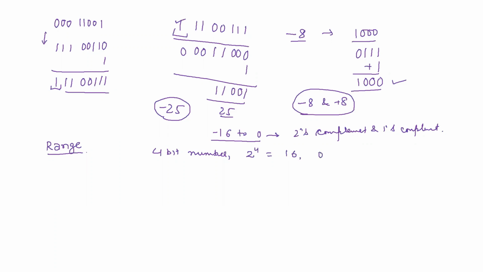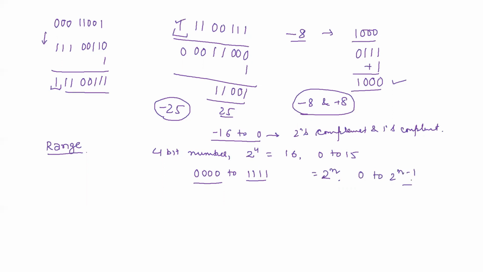That means from 0 to 15, or in binary 0000 to 1111. So this is your range: 2 raised to power n numbers, from 0 to 2 raised to power n minus 1.